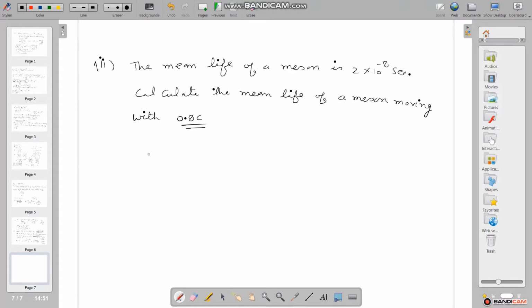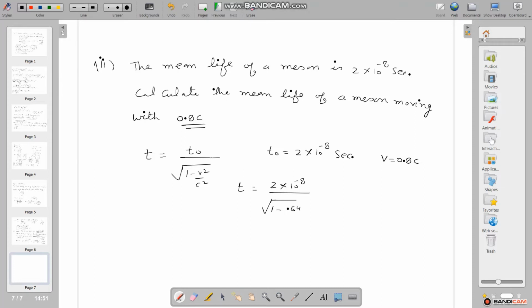and we know that T is equal to T naught upon under root 1 minus v square upon c square. Here T naught is 2 into 10 to the power minus 8 second and v is 0.8 c, and T becomes 2 into 10 to the power minus 8 upon under root 1 minus 0.64 c square upon c square.